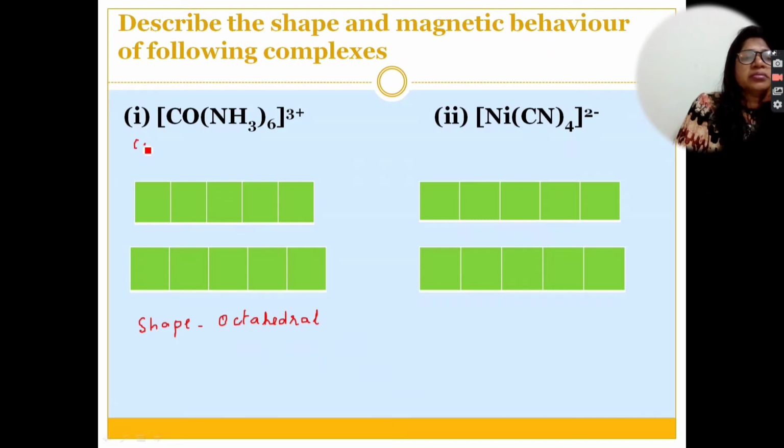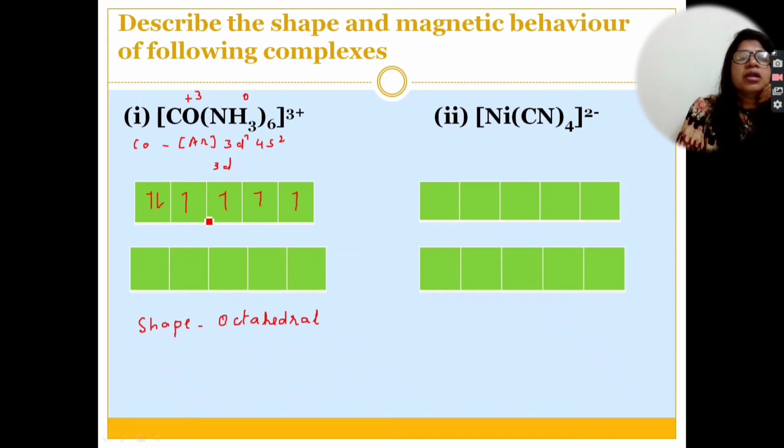So, cobalt, the electronic configuration of cobalt is argon 3d7 4s2. The charge of cobalt is plus 3 because the charge of NH3 is 0, and outside is 3 plus. Remove 3 electrons, 2 from s, 1 from d. So in 3d you will have 6 electrons.